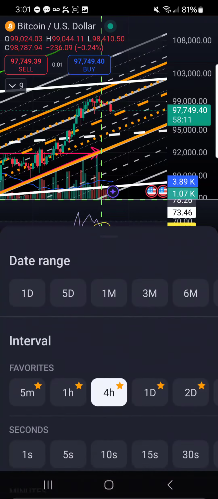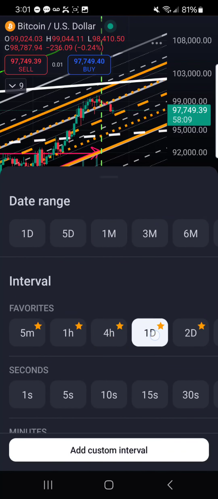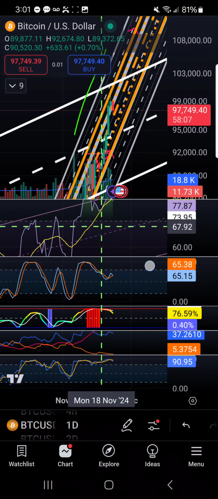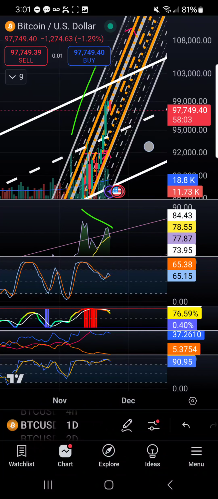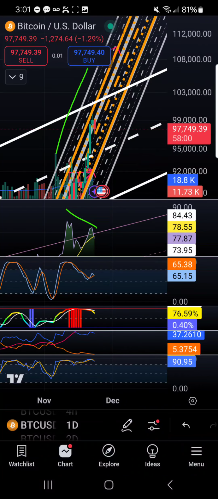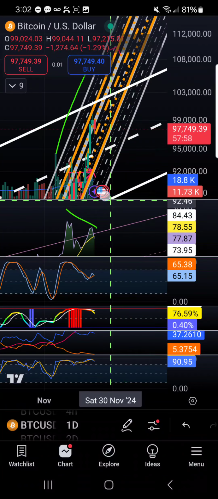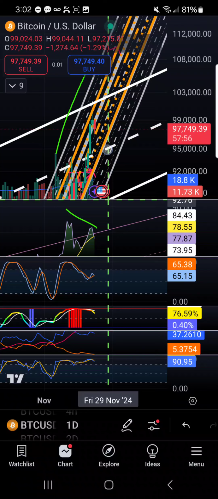and same on the daily. I made a green line because you can see the lower lows on the RSI and higher highs on the daily here.